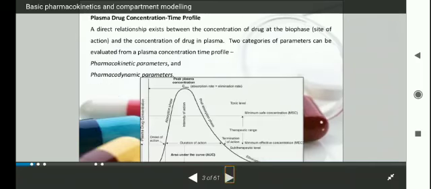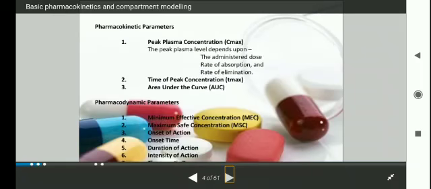Taking this into consideration, we have the peak plasma concentration, that is Cmax, next Tmax and AUC. Peak plasma concentration is nothing but the administered dose with the rate of absorption along with the rate of elimination. And area under the curve, I hope you know this, is related to MRT, that is mean residence time.